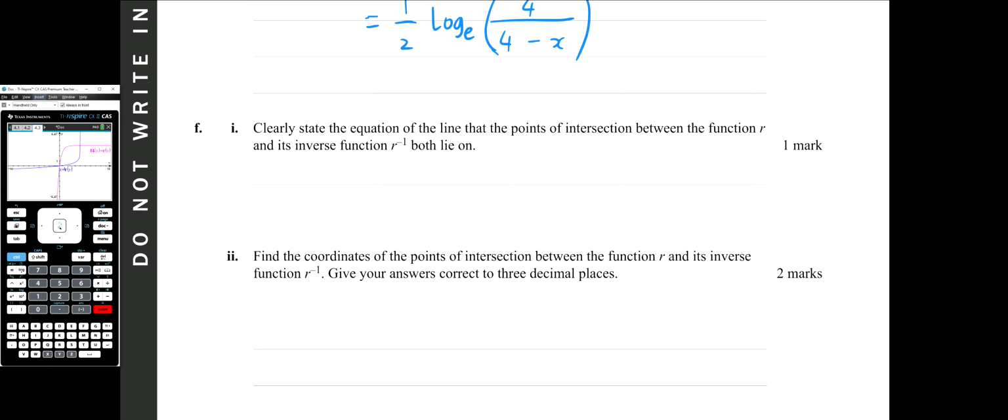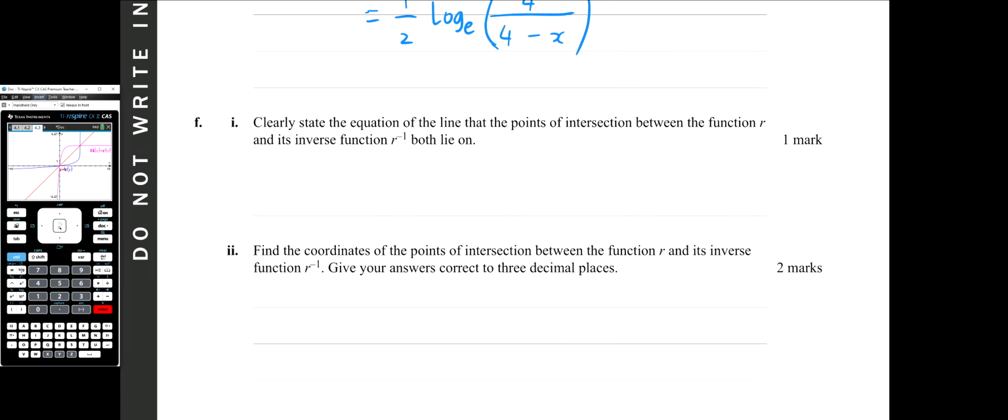There we go. So you can see the two functions, they look like that. And if we draw y equals x, which is where we assume it would be, there we go. The intersections clearly both lie on the line y equals x. So, yeah, the equation of the line that the points of intersection lie on is the line y equals x.